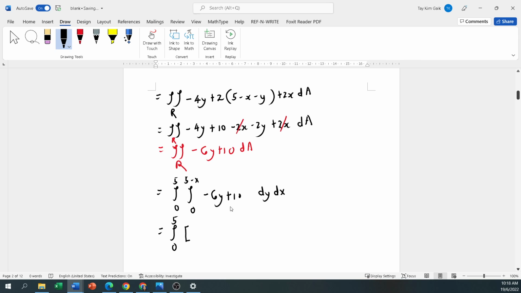So when integrating with respect to y, actually you don't have x. So you get negative 3y squared plus 10y, put upper limit for y 0 to 5 minus x dx.